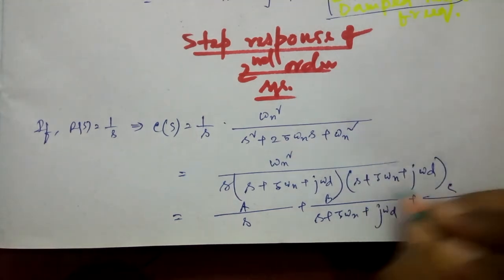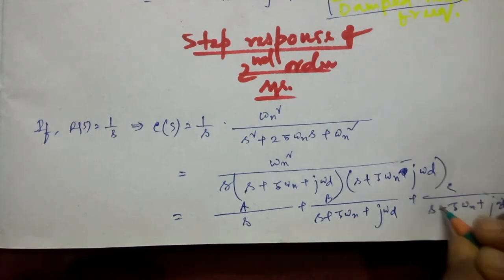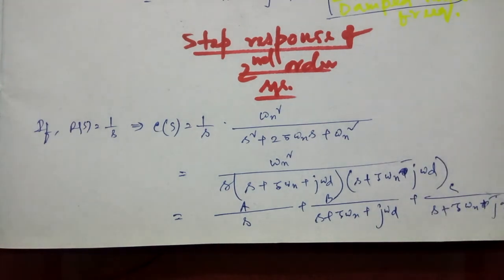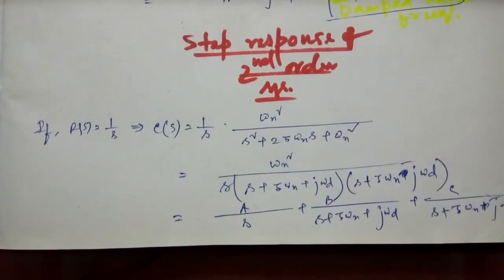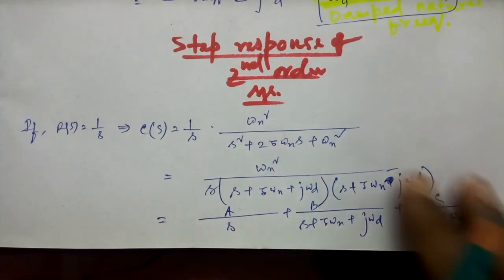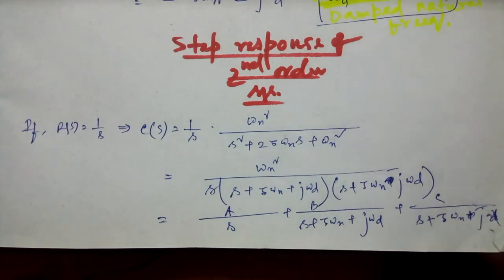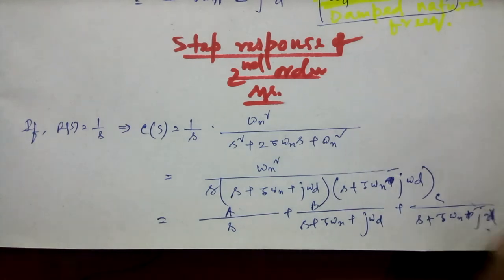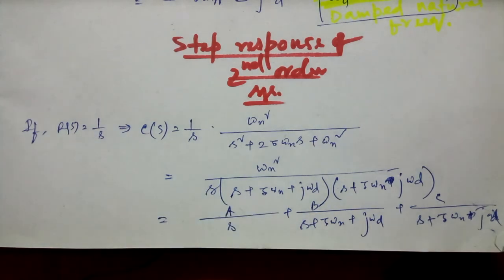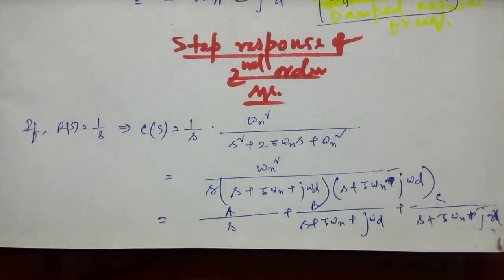Then you can find out the C(s), and from that, taking the inverse Laplace transformation, you can find out the C(t). This is very long, so you don't have to do this. You can directly remember the C(t), the step response expression, and from that you can find different analysis.